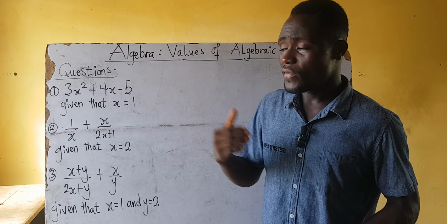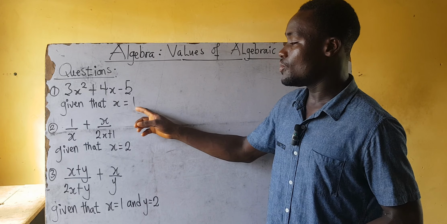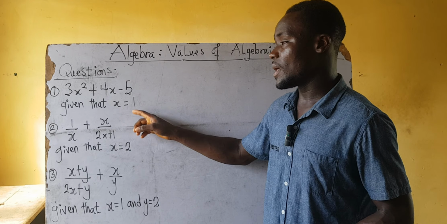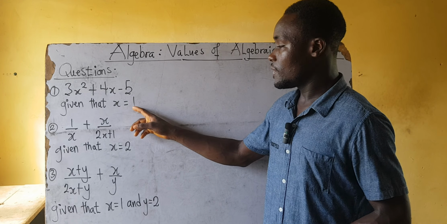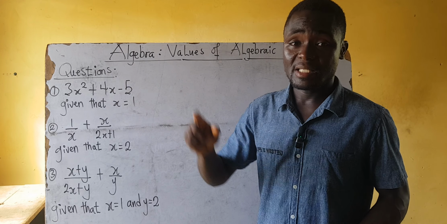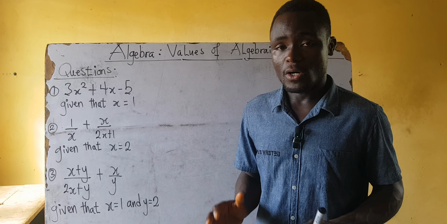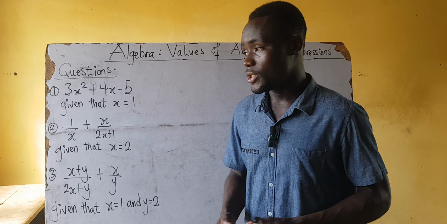For me to be able to find the value of this expression, I am supposed to substitute the value of the variable, which is 1. So that is what it means. I'm going to substitute the value 1 wherever I see the variable x, so that I'll be able to find the value of the expression. Let's get started so that you understand what I'm trying to say.